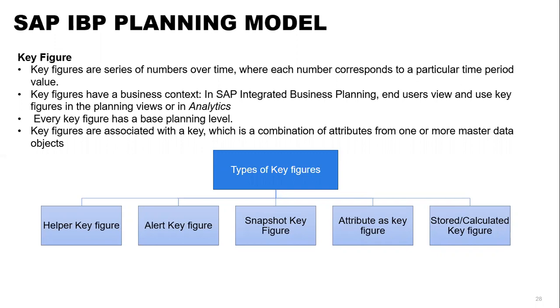Getting it? Yeah. And second question: helper key figure can be of type reference attribute, right? Or is that a totally different concept? If you correlate, you can. It's like an auxiliary key figure, right?